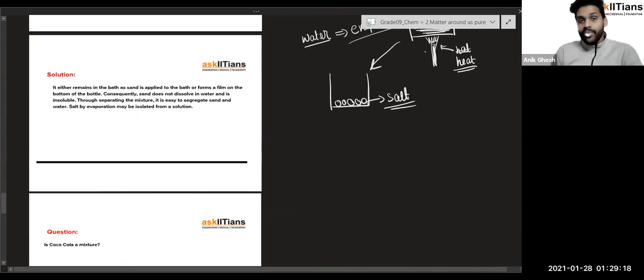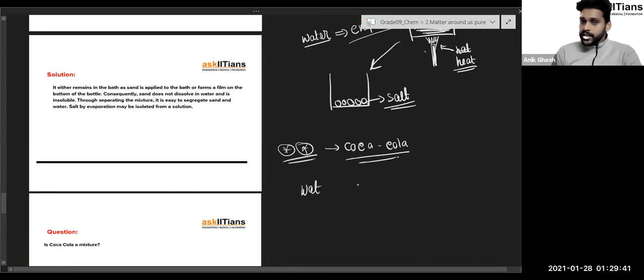Now the last thing is Coca-Cola as a mixture. Okay, so if I just try to think about it, Coca-Cola is a solution, isn't it? In Coca-Cola, this is nothing but a solution, because there is water, there is carbon dioxide as well, there are sweeteners, there are sugars, there are so many other things as well.